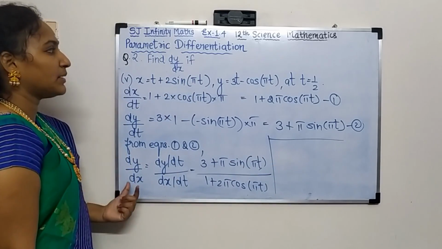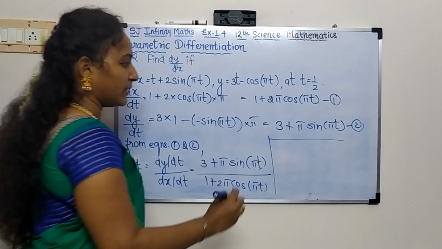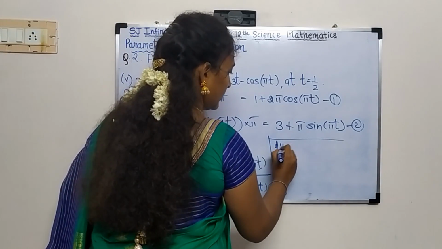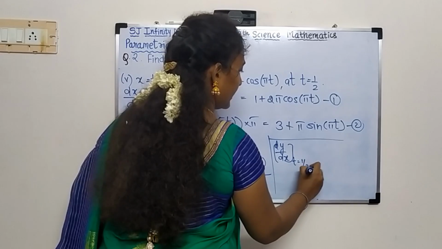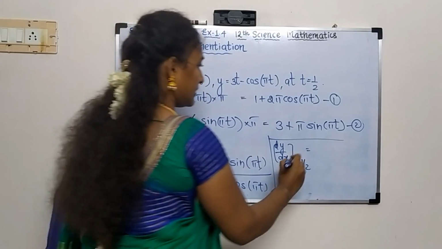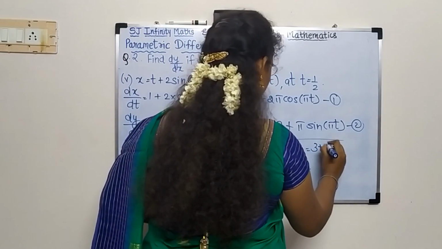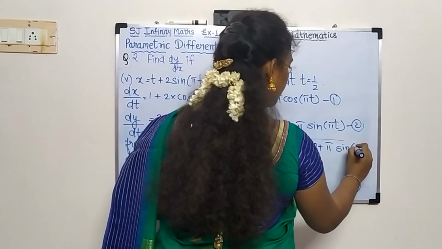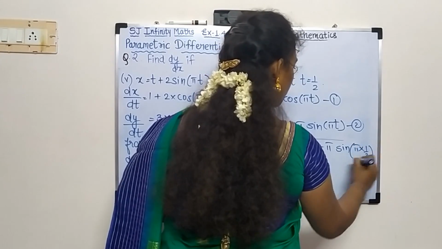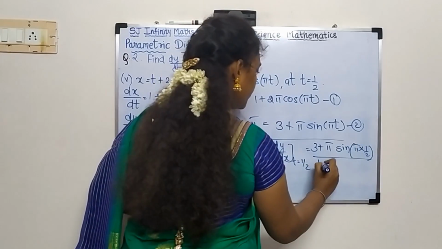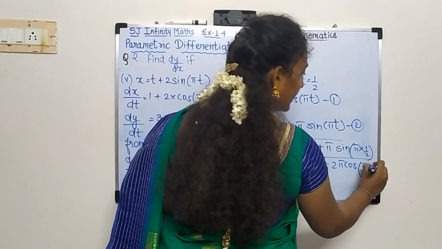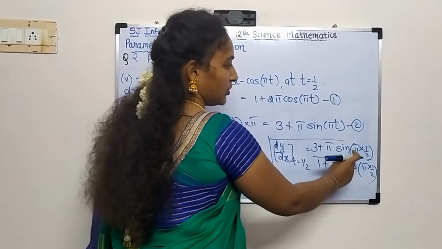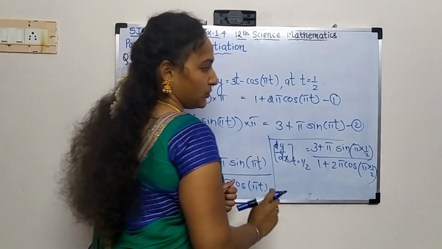Now we calculate dy by dx at t equal to 1 by 2. So this is 3 plus pi sin pi into 1 by 2 upon 1 plus 2 pi cos pi into 1 upon 2. So this is sin pi by 2.